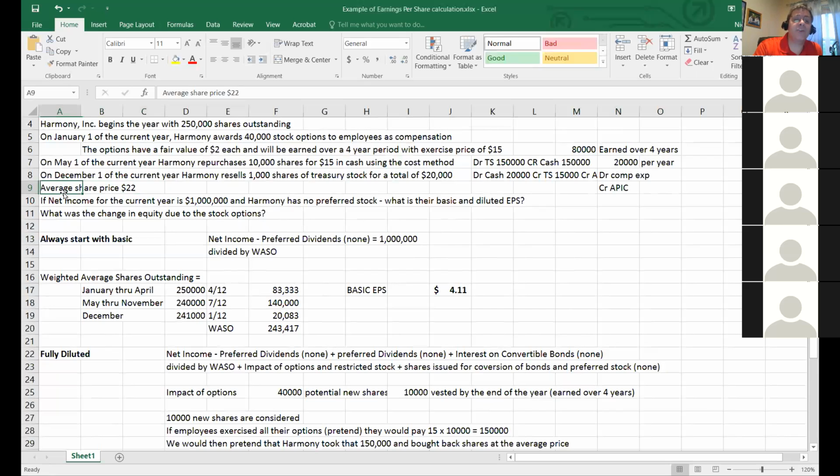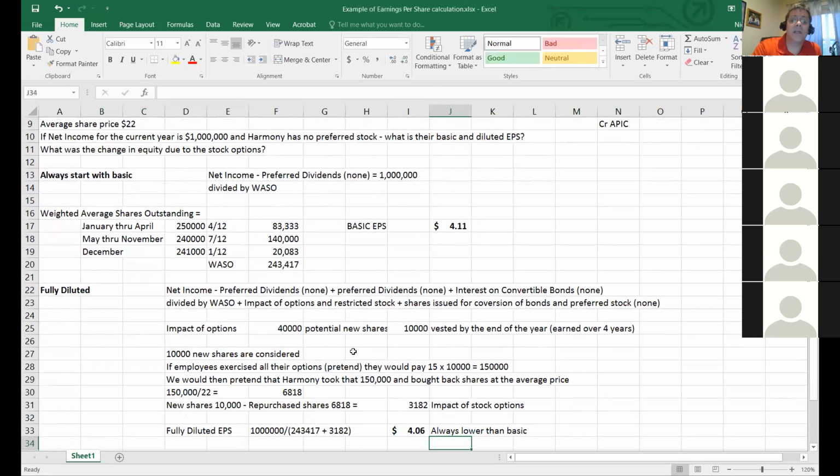If this average share price was $13 during the year, that would be a bad deal. No employee would exercise their options, and therefore we would not have any of this happen.